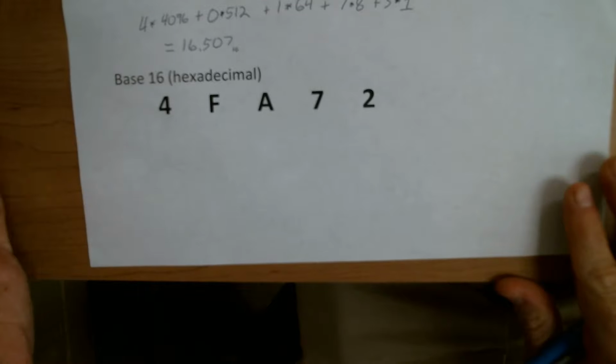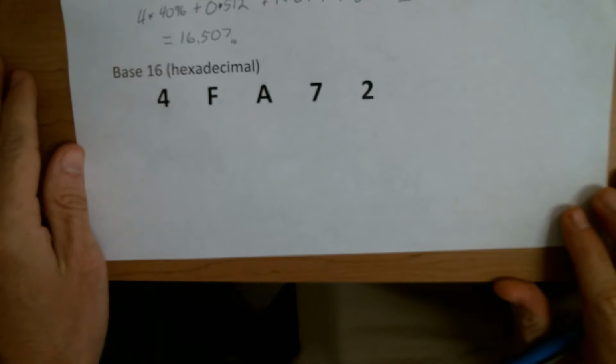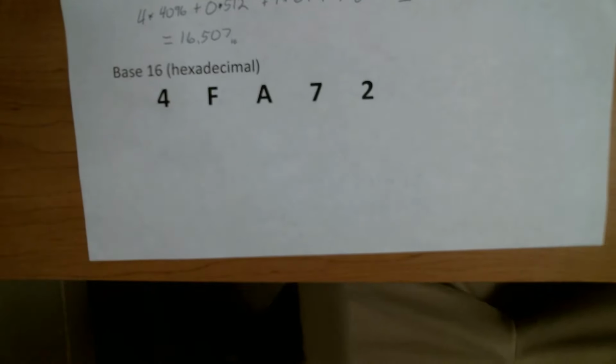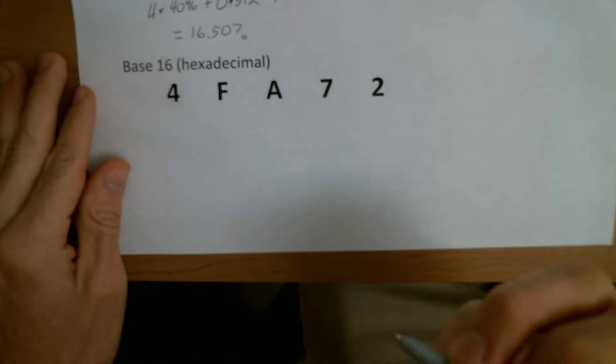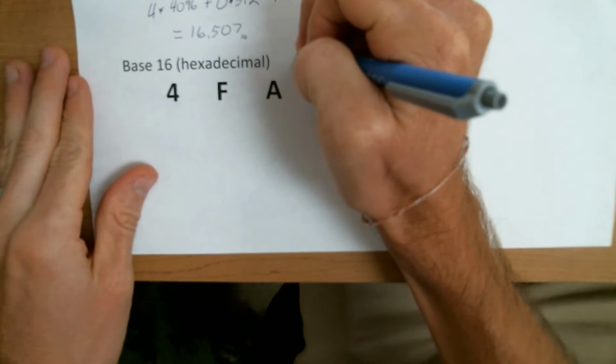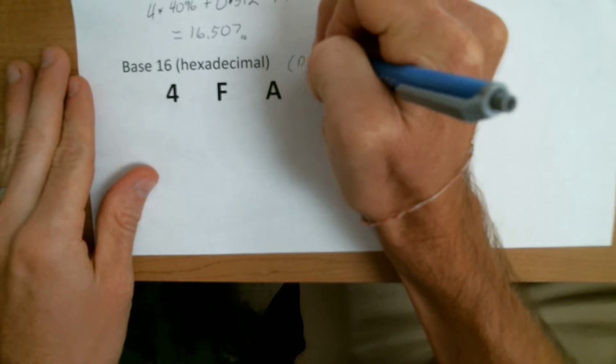Hexadecimal, same thing. The only difference is now you're seeing letters, and you might be saying to yourself, well, why am I seeing letters? Well, base 16 has the digits 0 to 15. How do you start representing the 10 digit, the 11 digit, the 12 digit? We don't want to use two numbers. So that's where the A, the B, and everything else comes in.